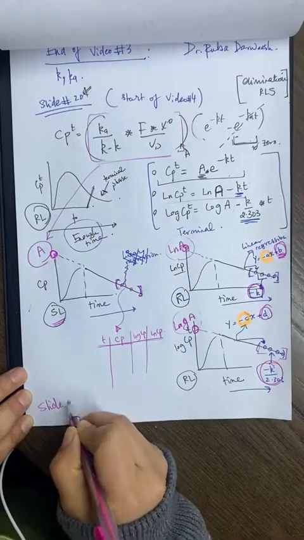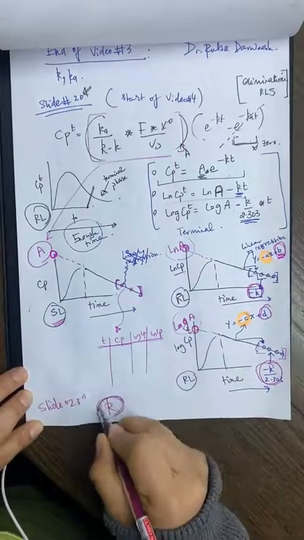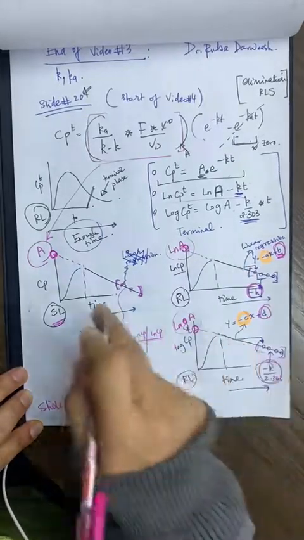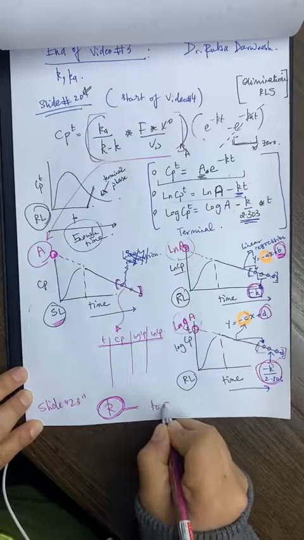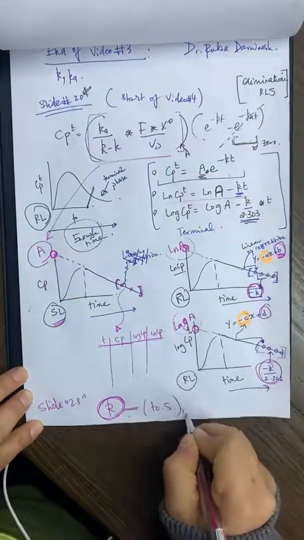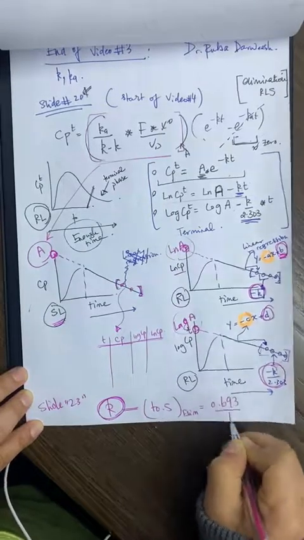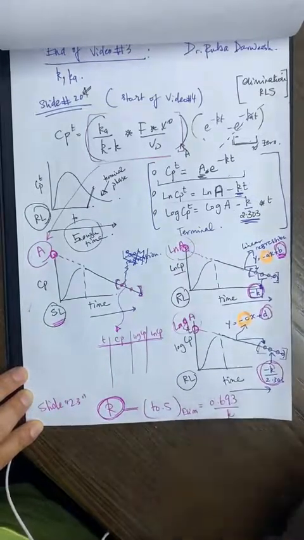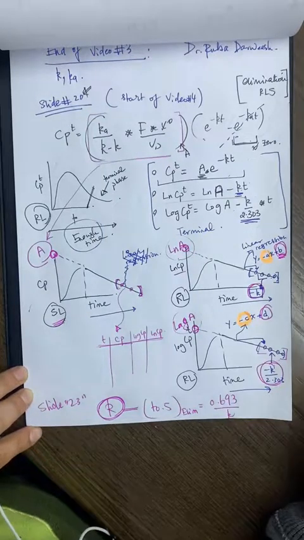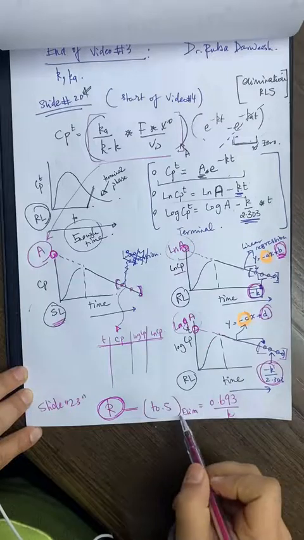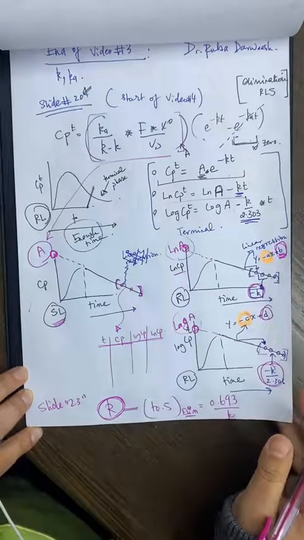If you determine the k from those, according to this, from your terminal phase, you can determine the elimination half-life by doing 0.693 over k. And when we are talking about elimination half-life, you can call it elimination half-life or biological half-life or just half-life.